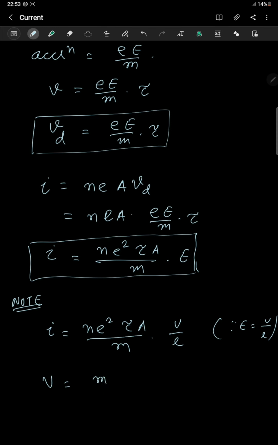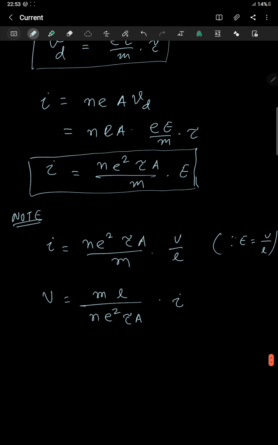V is equal to mL divided by ne squared tau A into I. And this is nothing but a constant term, which is known as your resistance.